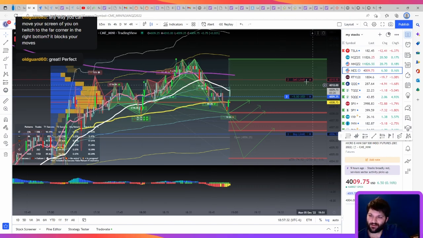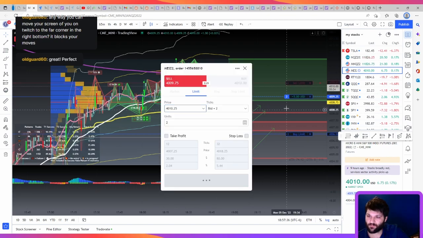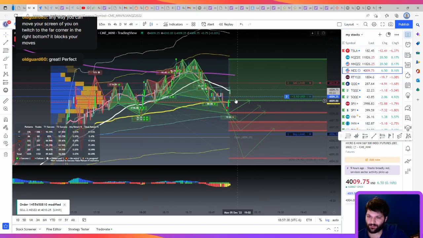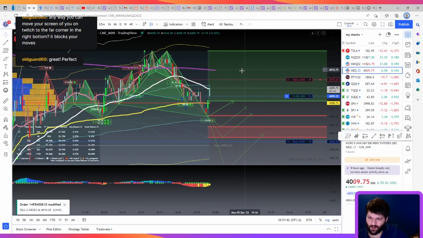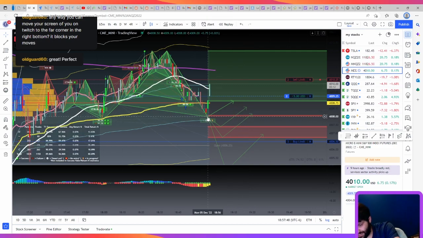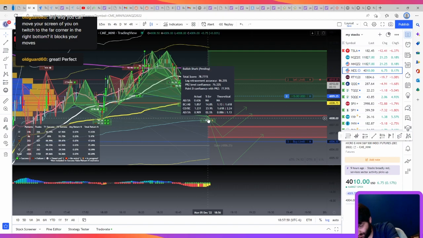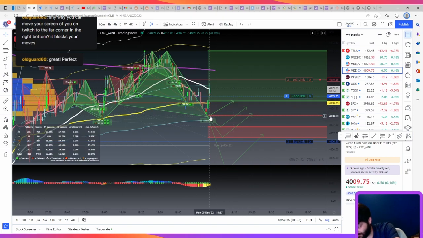Right? So I'm going to move this just because I don't want to deal with it. I'm going to move it to where I take just $10 again. So we almost got there. And we are moving up. And notice, guys, it popped directly off this entry point that it gave us.